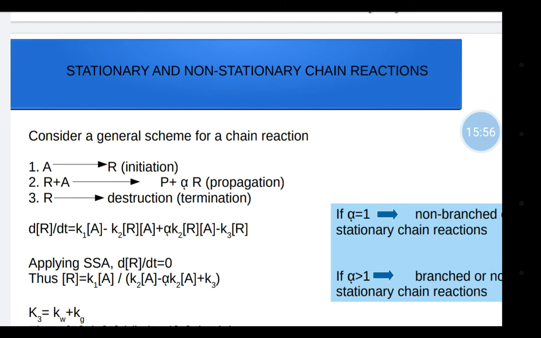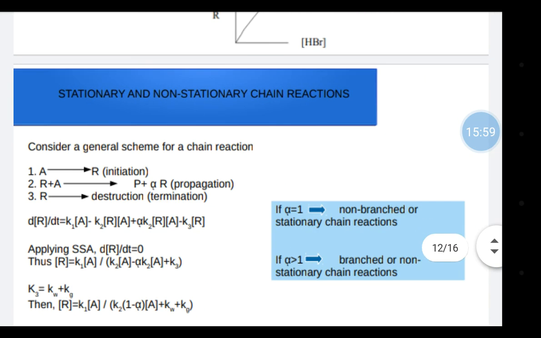So for that, consider a general scheme for a chain reaction, which involves three steps. A gives R, which is the initiation step. R plus A gives P plus alpha R. And the third step, R undergoing destruction.